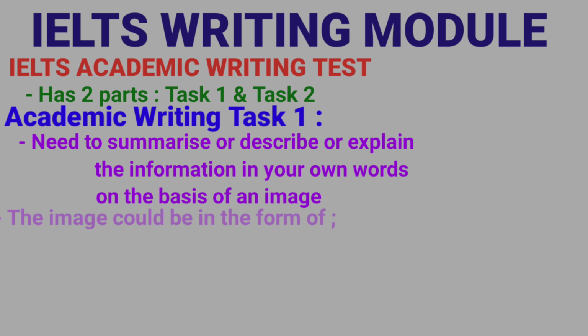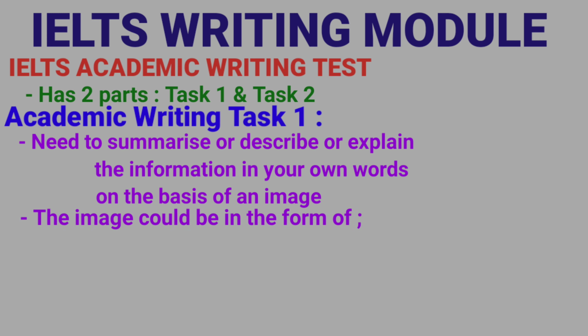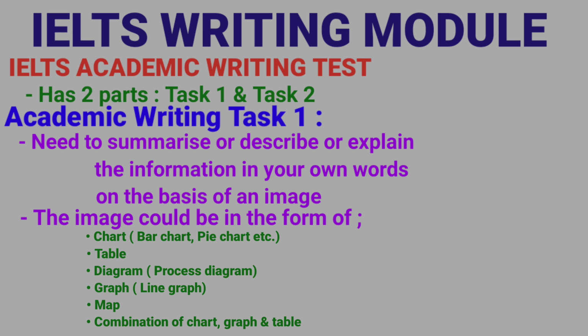The image could be in the form of charts like a bar chart, pie chart, etc., or a table, or diagrams like a process diagram, or graphs like line graphs, or a map, or a combination of charts, graphs and tables.